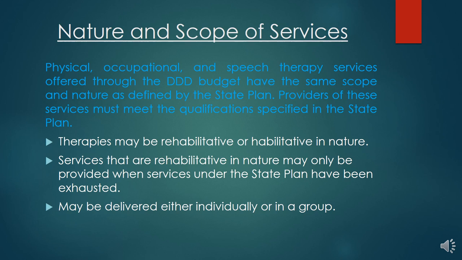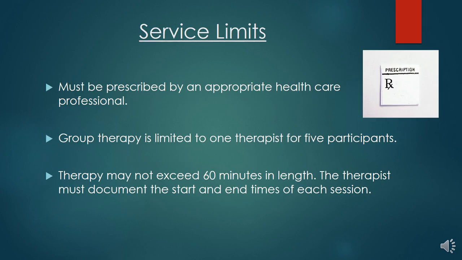Services that are rehabilitative in nature may only be provided when services under the state plan have been exhausted. It is important to note that therapy services may be provided only when prescribed by a healthcare professional. We will review provider qualifications in the next slide.